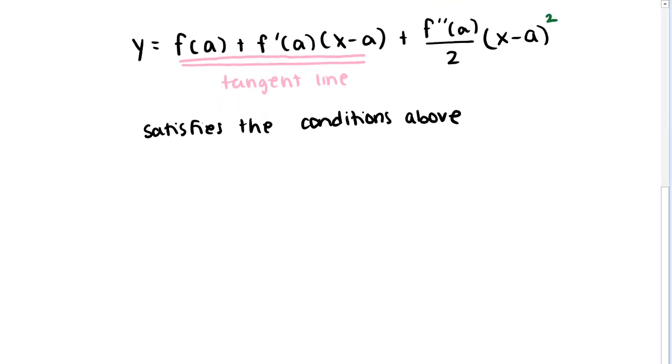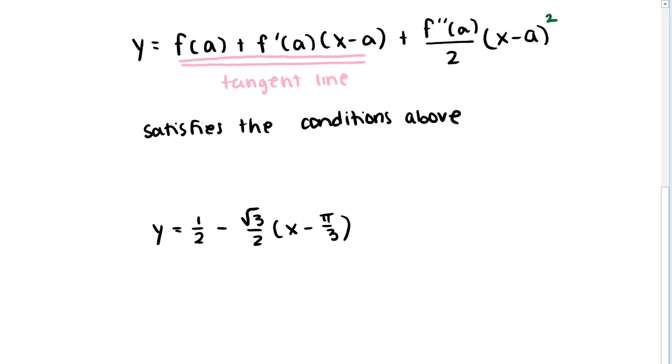So how would this look for f of x is equal to cosine of x at x is equal to pi over 3? Well, we have the same things as before. So y is equal to 1/2 minus the square root of 3 over 2 times x minus pi over 3. That was our tangent line that we found earlier in this video.